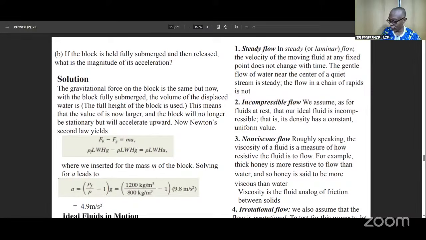And for those looking at thermodynamics, heat flow, heat transfer, you also need to have some of these terminologies in your mind, so that when you are doing those courses, you're able to understand exactly what we are talking about.